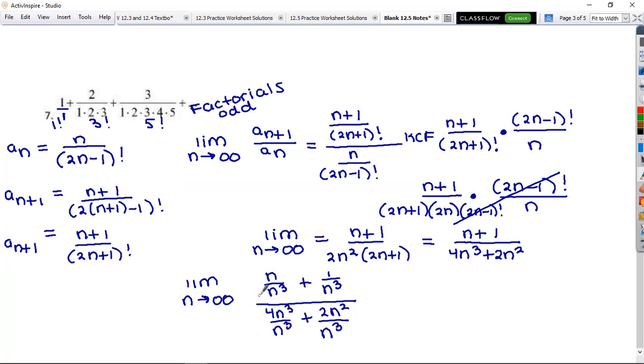On the top, this is going to approach 0. This is going to approach 0. This is equal to 4. And this is going to approach 0. So 0 divided by anything is 0. Therefore, my r value is technically less than 1 if you want to think of it like that. And this one converges. So this one is convergent.